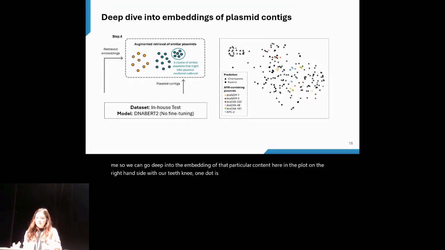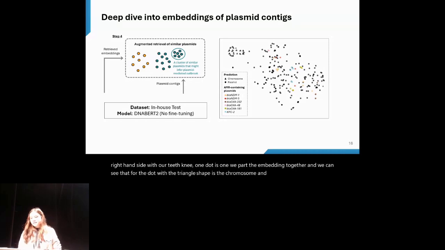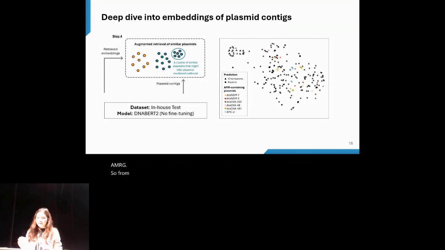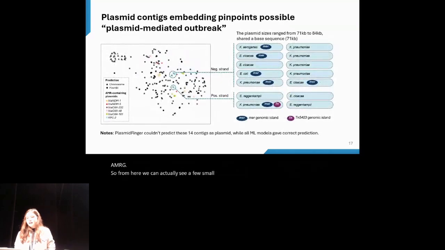We plot the embeddings together, and we can see that the dots with a triangle shape are chromosomes, and the circle shape are plasmids. Different colors of the circle dots show that these plasmids contain different AMR gene types. So from here, we can actually see a few small clusters. Let's look at this particular cluster of the light blue color.